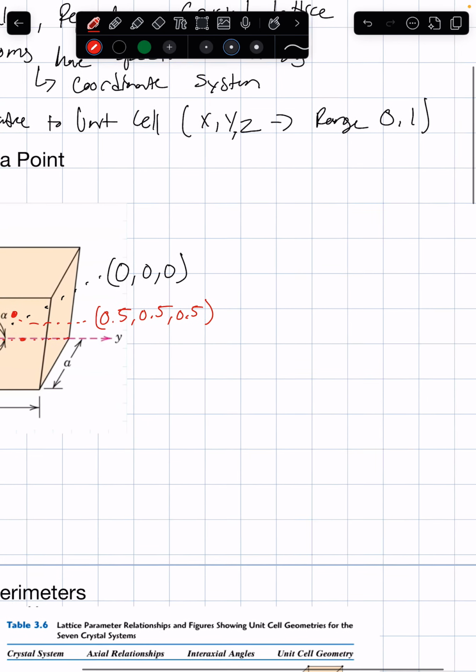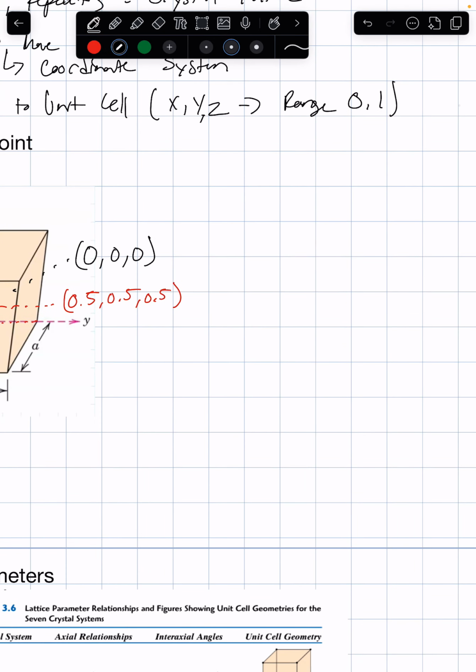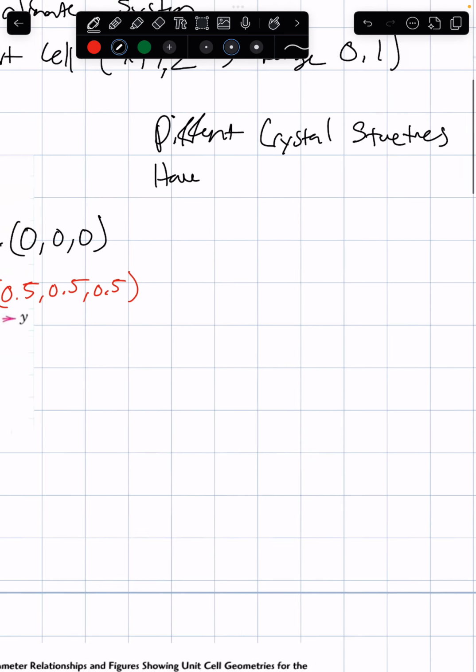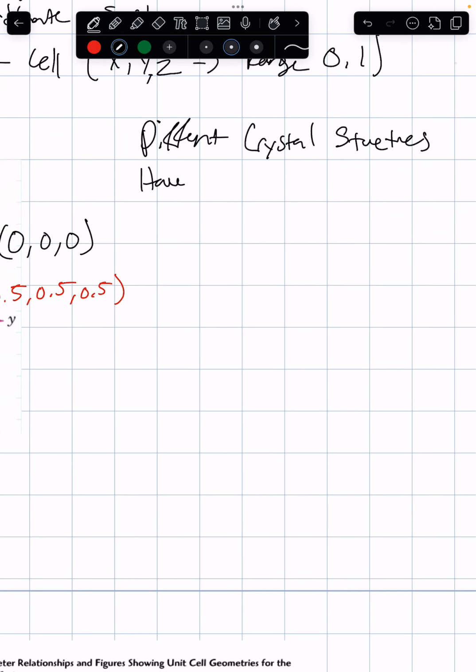Something to also note, and this is some carryover from last lecture, is that different crystal structures have unique arrangements. We were talking about some crystal structures last week, specifically BCC and FCC.